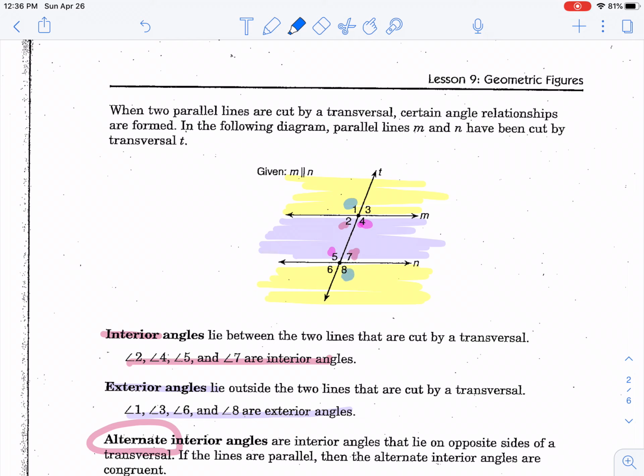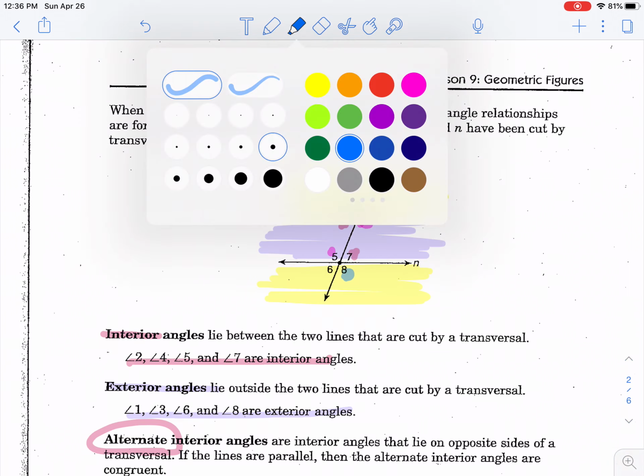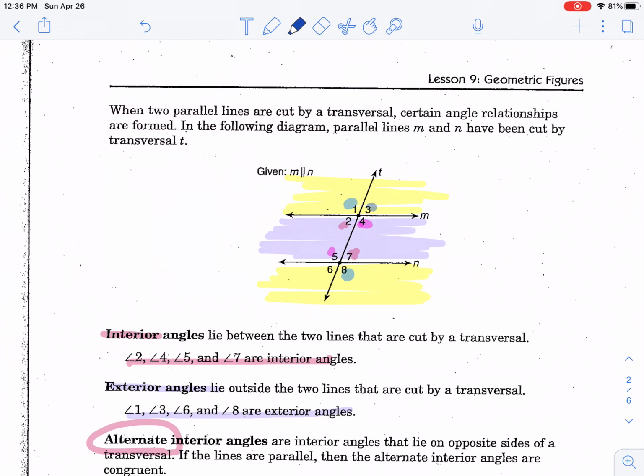So 1 and 8 would be alternate exterior angles, and 3 and 6 would be alternate exterior angles. When we're talking about alternate, we're talking about that they are on the opposite side of that line T. Okay, opposite each other, opposite sides of the line.